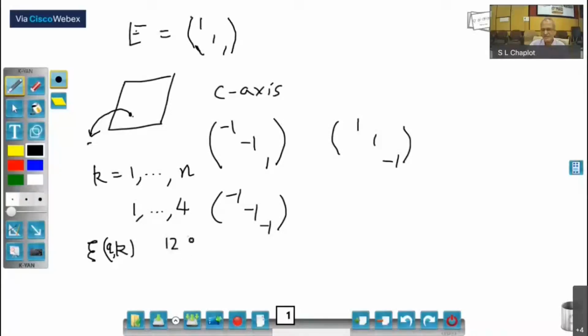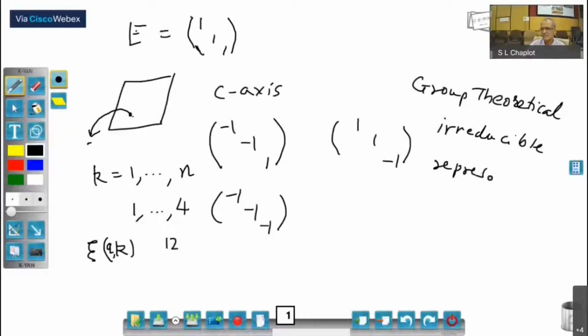These phonons can be classified under what we call different group theoretical representations. Okay, these are irreducible representations. So all the phonons are not in just one category, but they are divided in different representations.